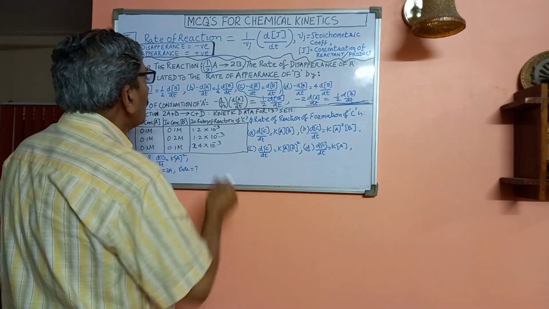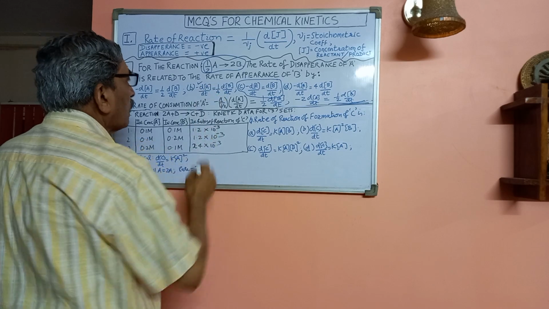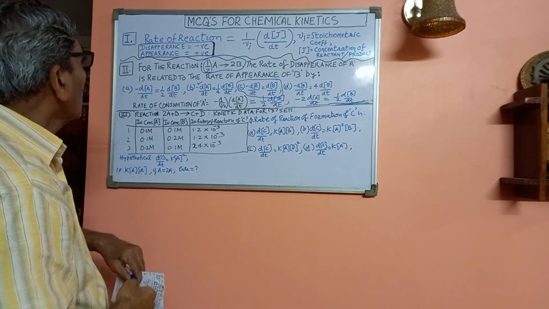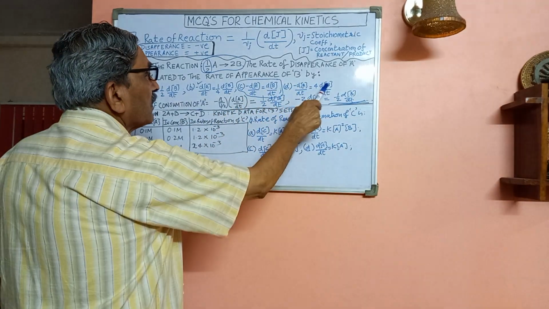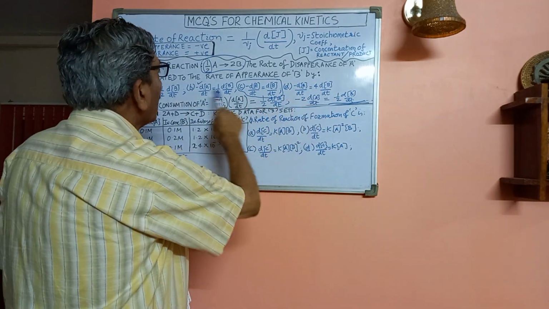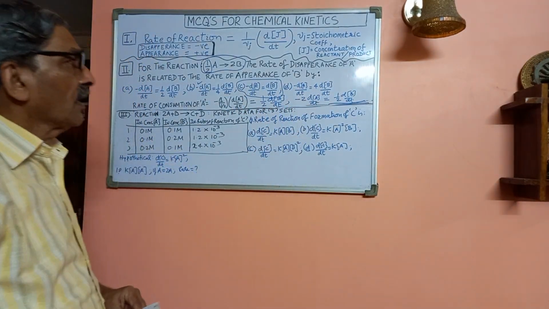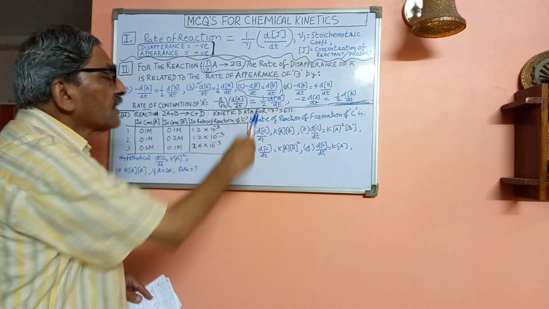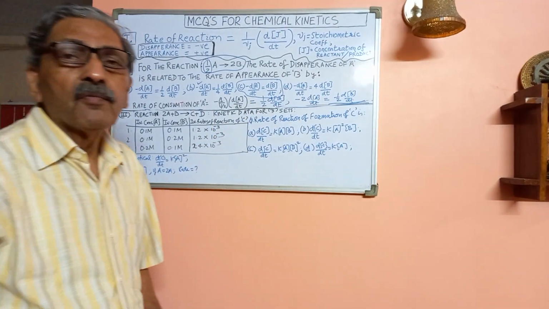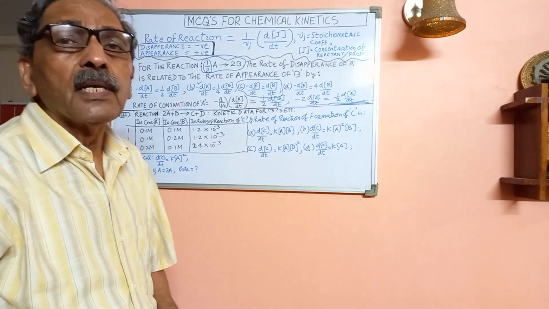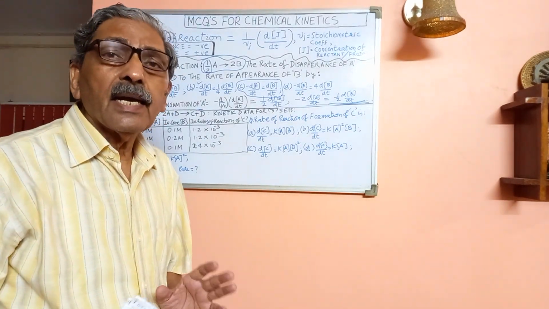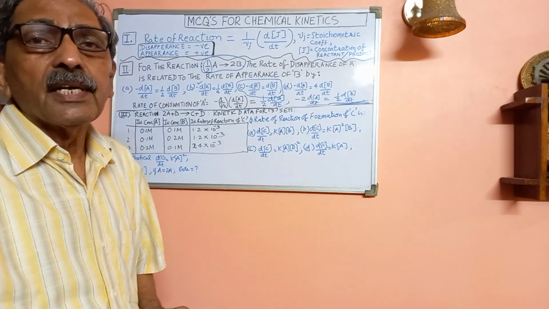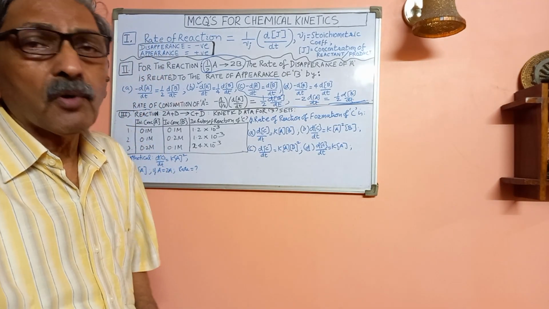That is, our B choice is the correct one, and the rest of the choices, A, which is half, and D, which is 4 times, are not correct. And hence, very simply, we can find out the relationship between the rate of the reactant and its relation to the rate of the formation of the product.